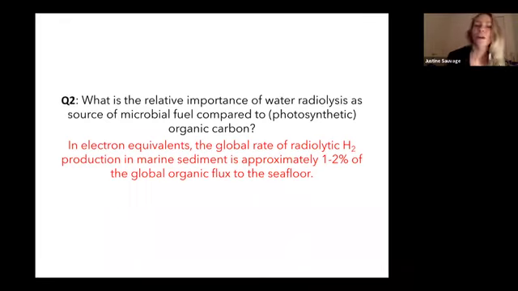Now, once we know that, on a global scale, how much hydrogen is being produced in marine sediments? We can attempt to calculate that, and then compare it on a global scale to primary productivity in the ocean. So how much carbon is being produced versus how much hydrogen is being produced.